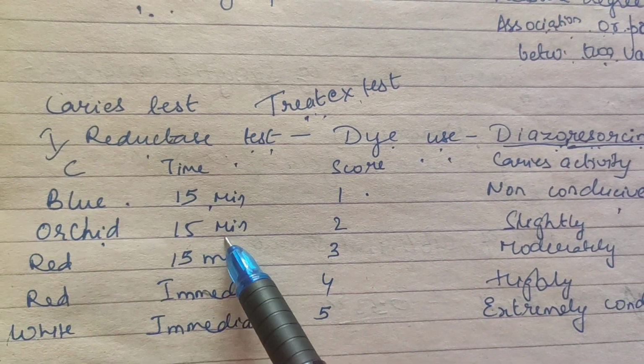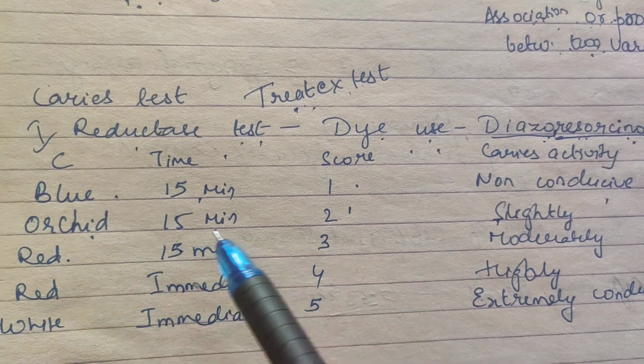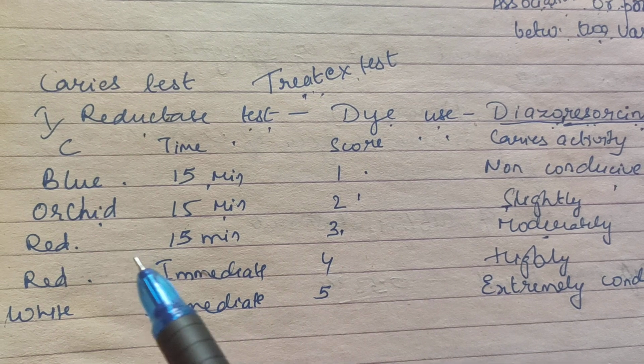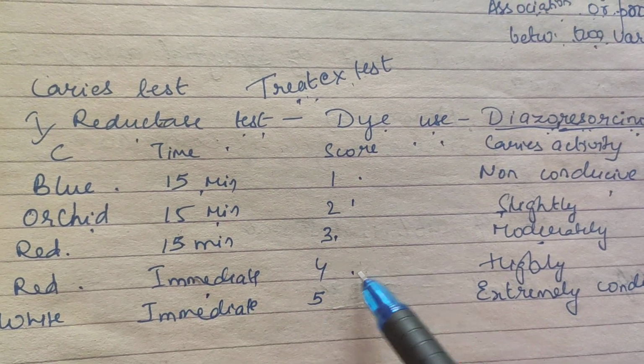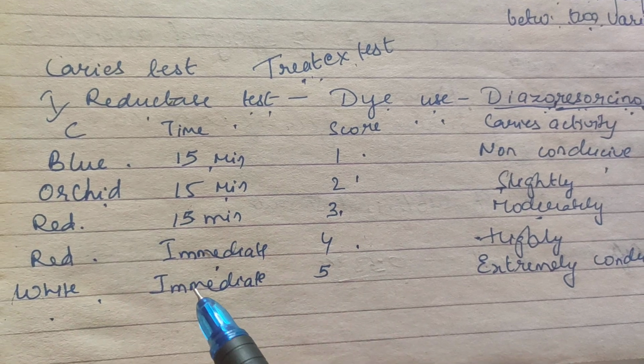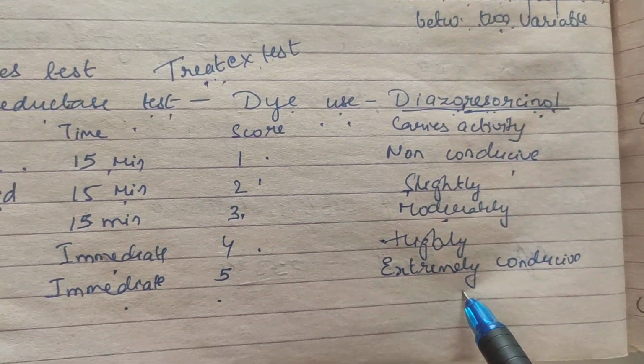Orchid color in 15 minutes, score 2, slightly conducive. Red in 15 minutes, score 3, moderately. Again red color, immediately, score 4, highly conducive. Then white or pink color, immediately, score 5, extremely conducive.